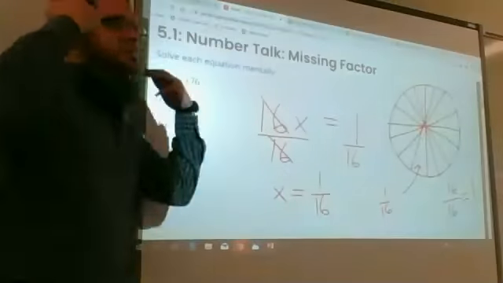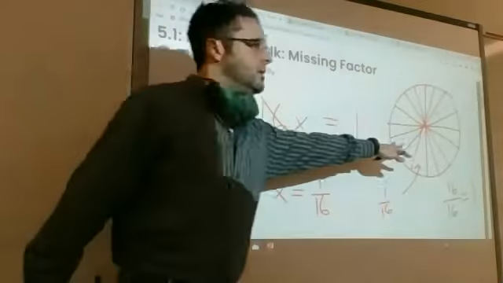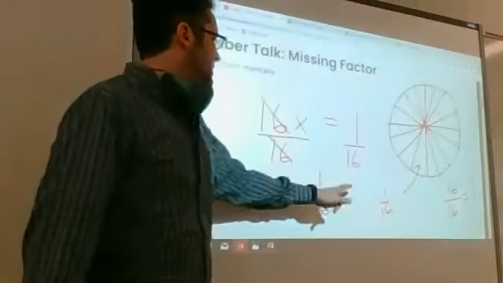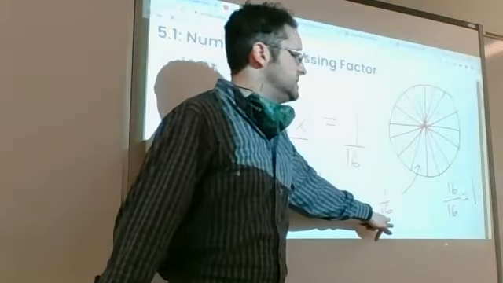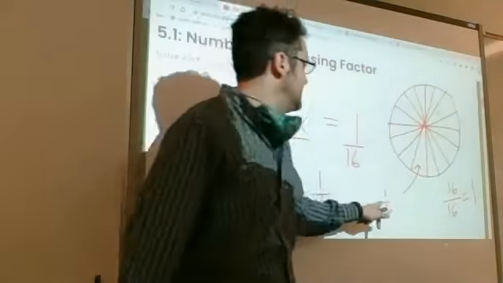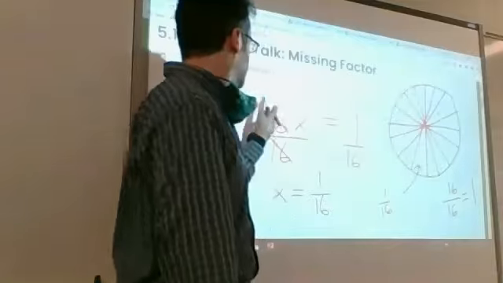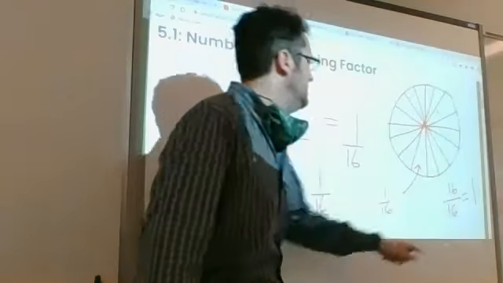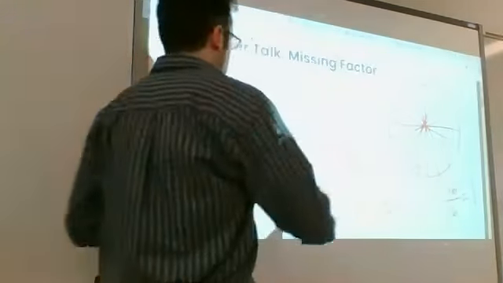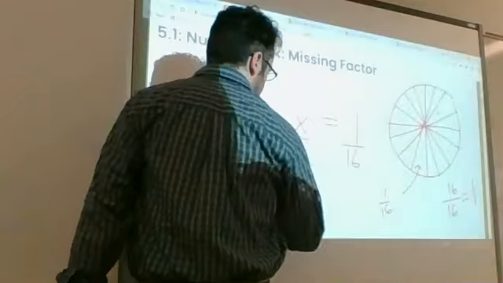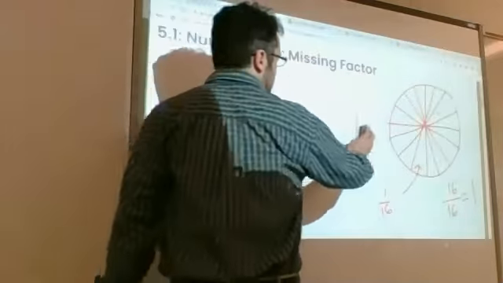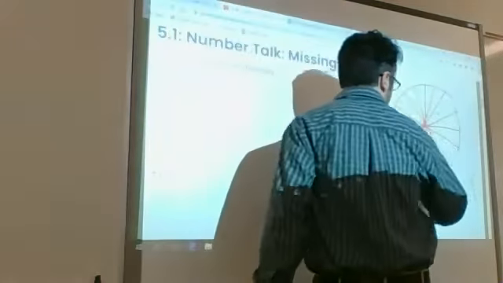But being able to do these things mentally and think about models like this, that 1/16, if I have 16 of those, that makes a whole. So 16 times 1/16 is 1. Being able to do that mentally without having to write it out is going to help you a lot in this unit. That's why we're practicing these things right now.